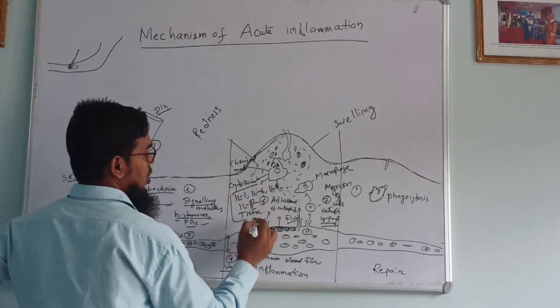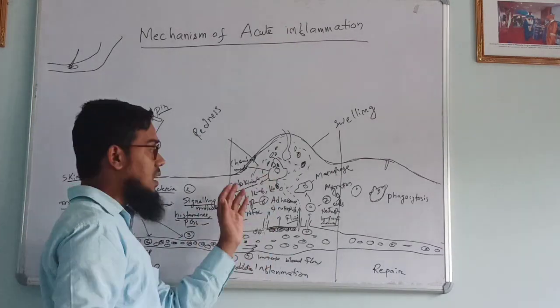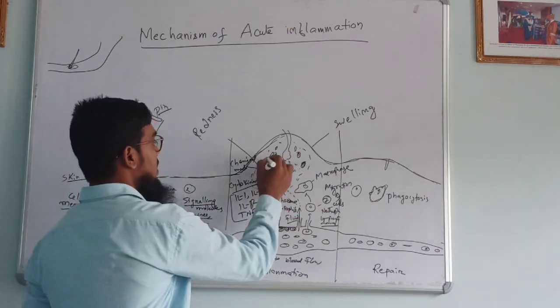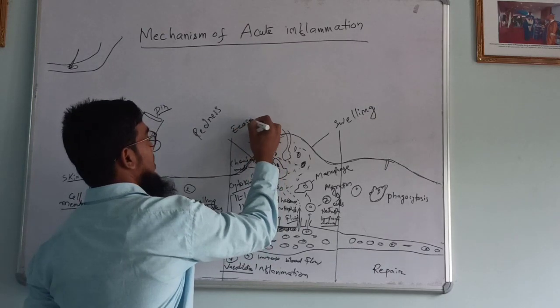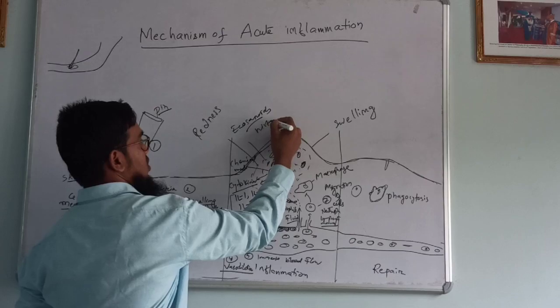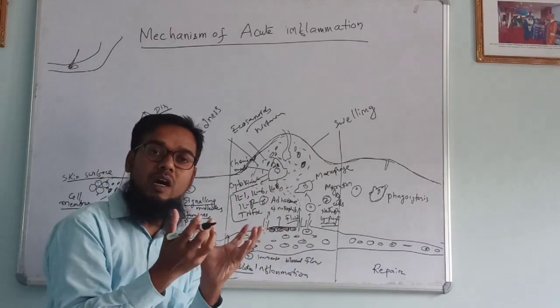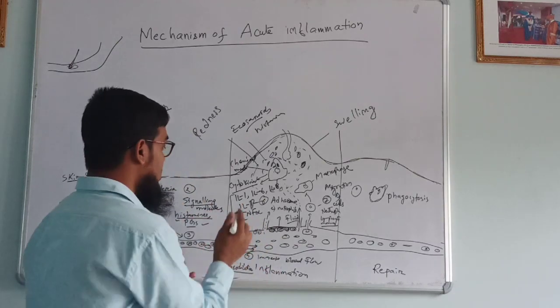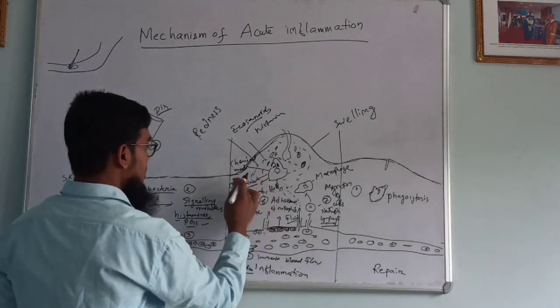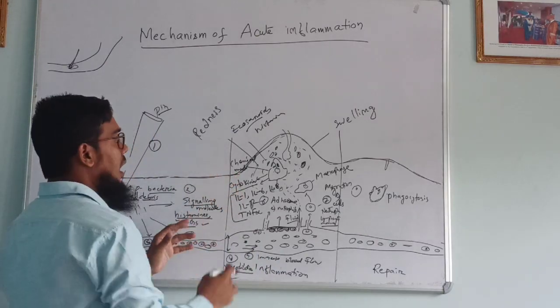These are the mainly common cytokines. The macrophage also releases other mediators like eicosanoids, histamines, etc.